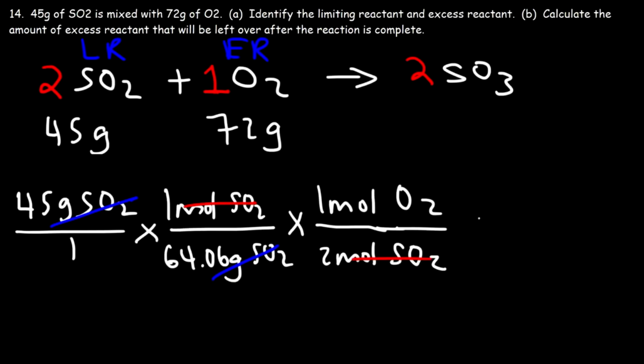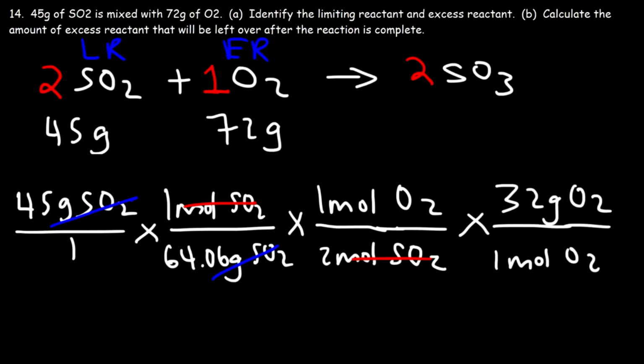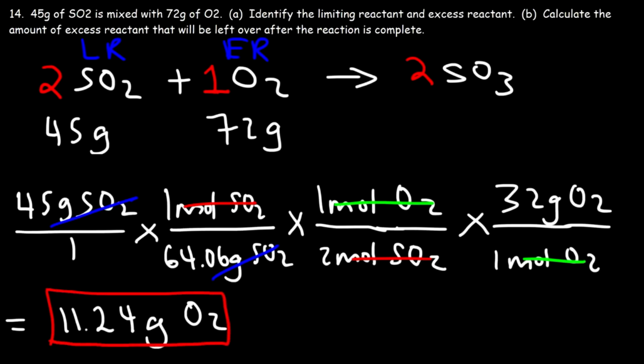Now our next step is to convert moles of O2 into grams using the molar mass of O2, which is 32 grams per mole. So this is going to be 45 divided by 64.06, divided by 2, and then times 32. So this is 11.24 if you decide to round it. So this is the amount of the excess reactant that is actually consumed in the reaction.